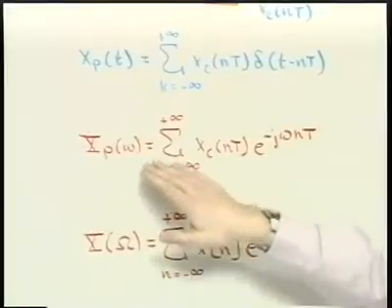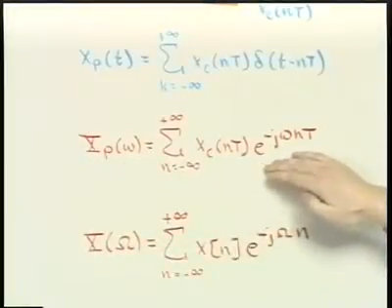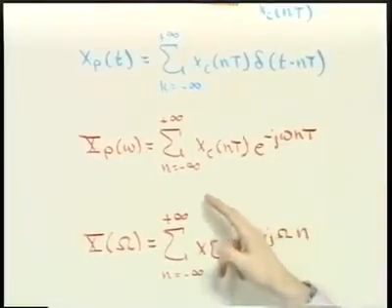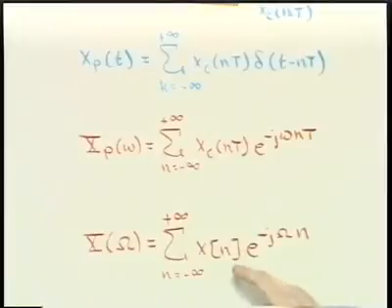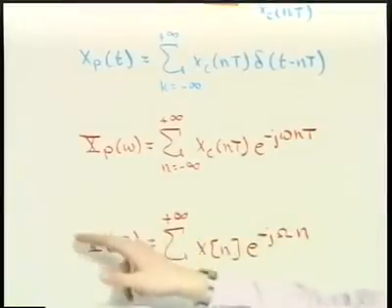So this expression is the continuous time Fourier transform of the impulse train. And alternatively, we can look at the Fourier transform of the sequence, and this, of course, is a discrete time Fourier transform.